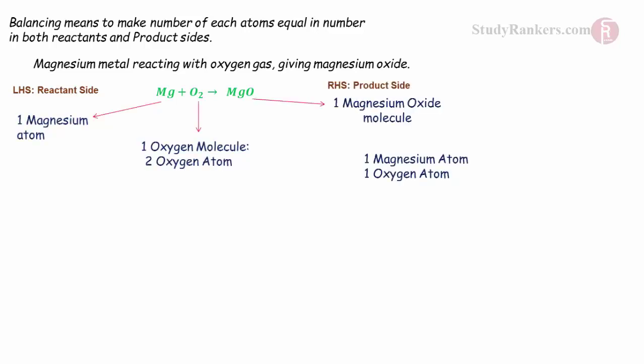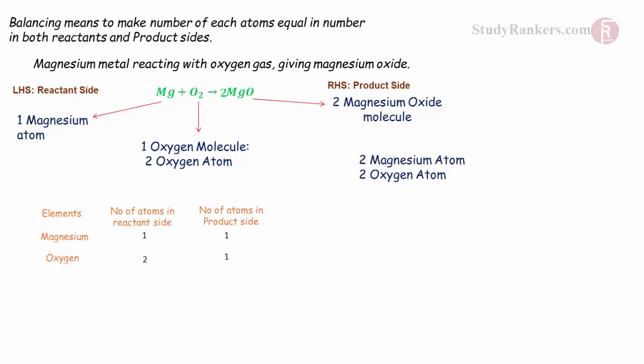If we put coefficient 2 to magnesium oxide, the number of oxygen atoms is the same, that is 2 on both sides. But magnesium is unbalanced in this process. It is 2 on the reactant side and 1 on the product side. If we put coefficient 2 to Mg on the LHS, we can see both atoms, magnesium and oxygen, are balanced.